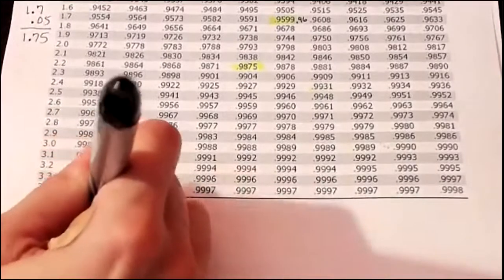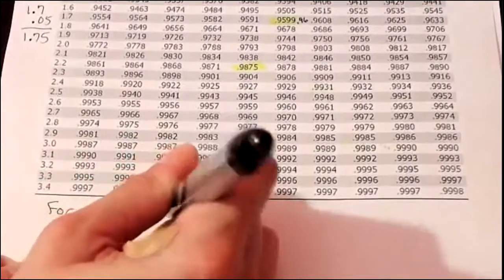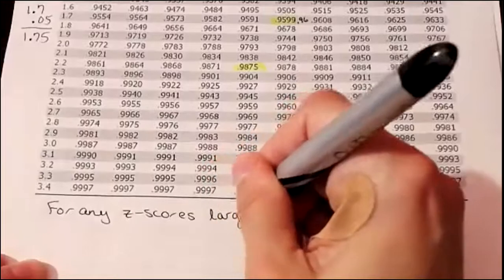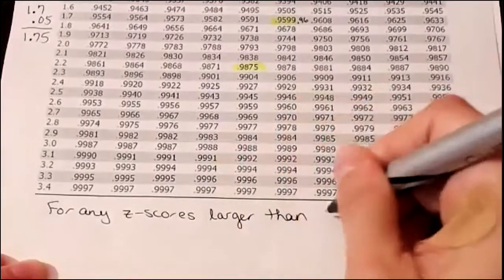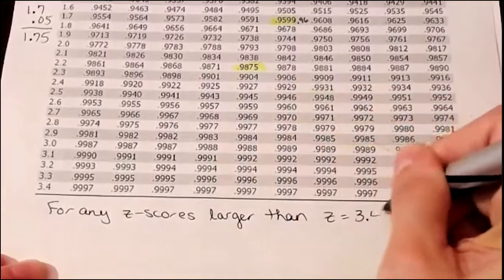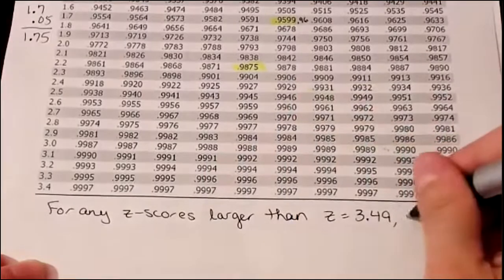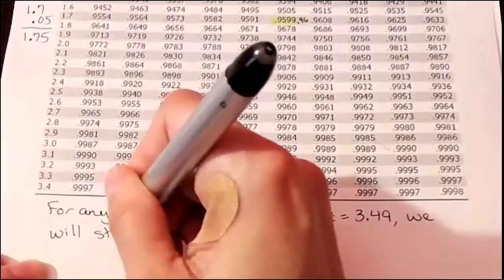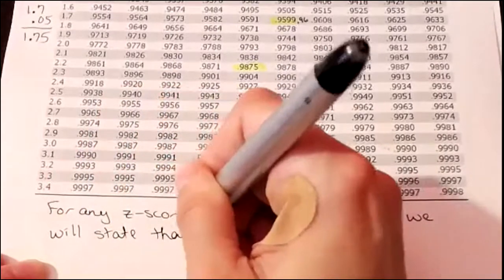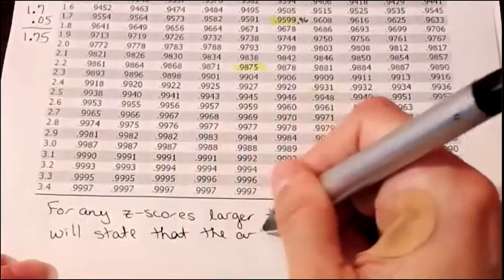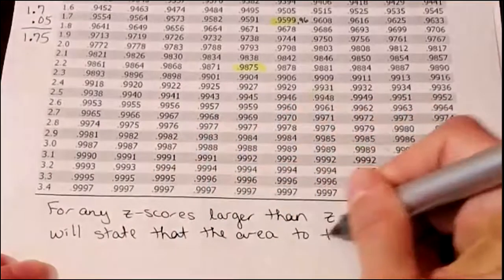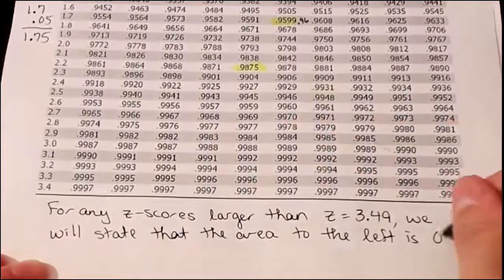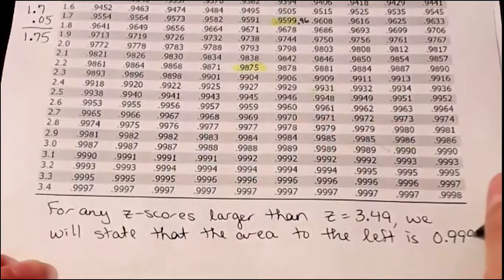For any z-scores larger than z equals 3.49, we will state that the area to the left is 0.9999.